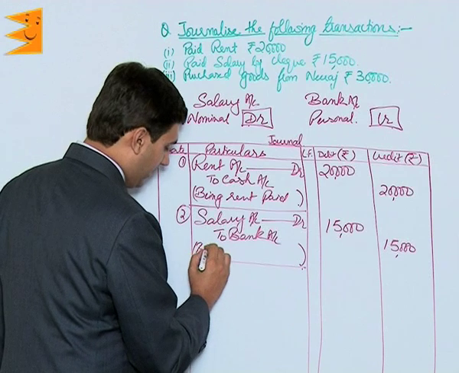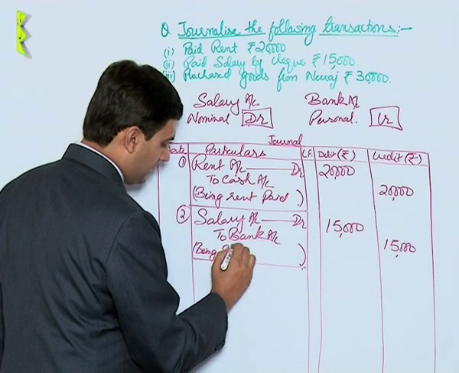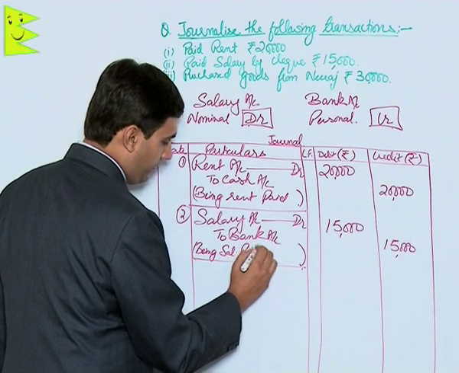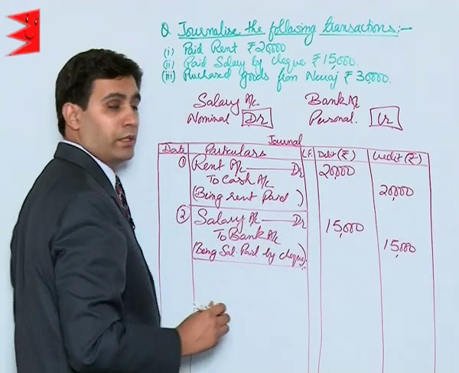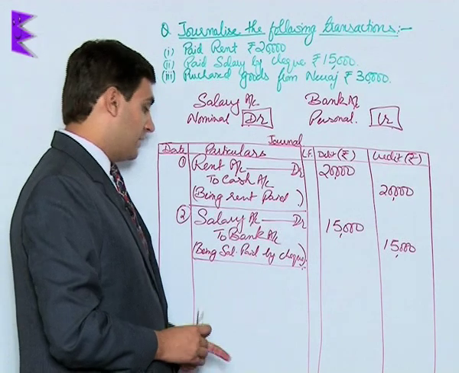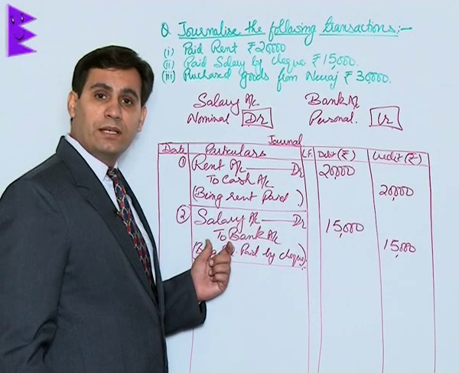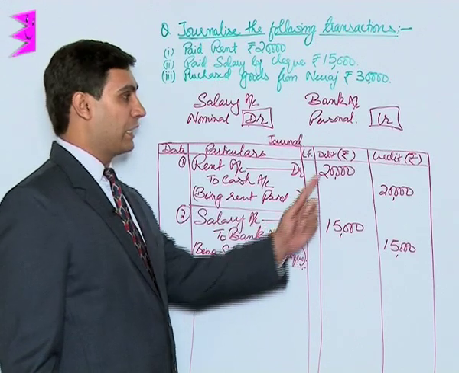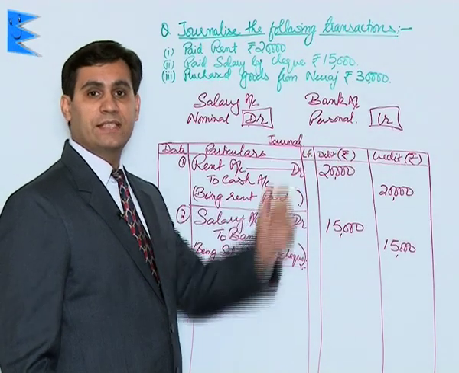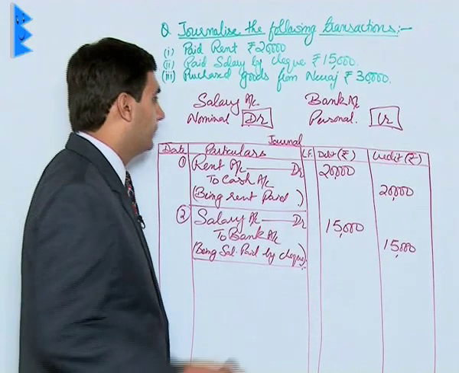Narration. Narration is being salary paid by check. So students, salary account was debited, so it was written as salary debited to the account that was credited, which in this case is bank account.